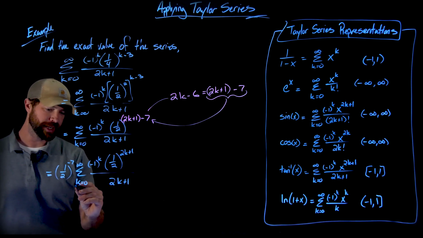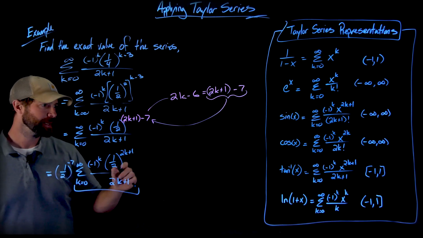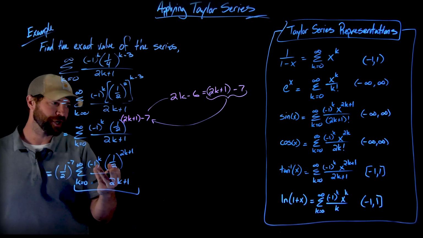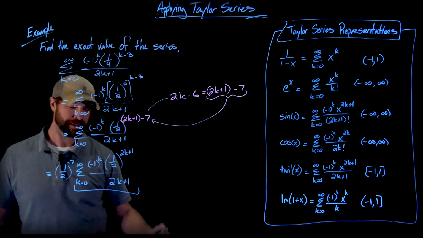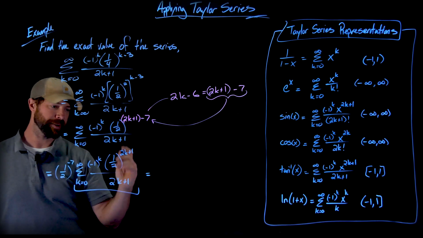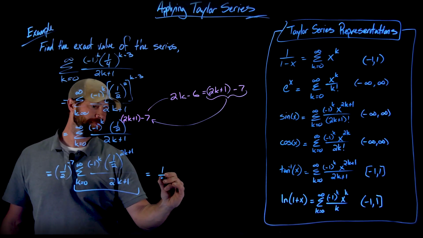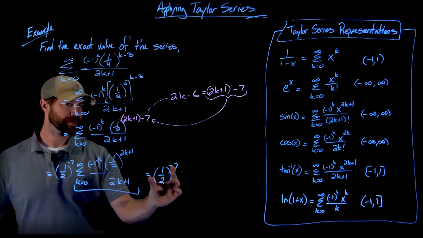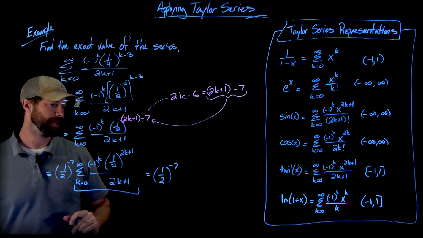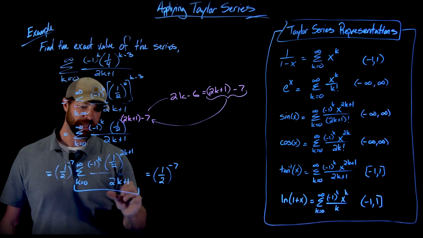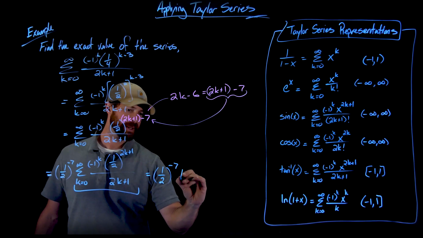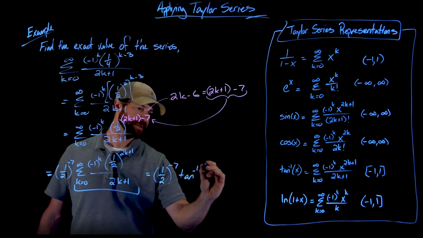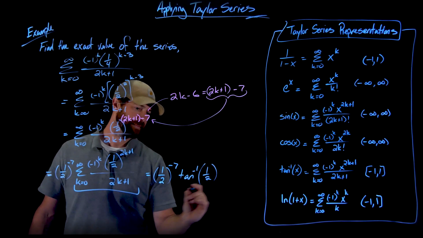So this right here can be represented by the composition of the constant 1/2 being plugged in here. And so this whole sum equals 1/2 to the negative 7, which came from that adjustment I was making to that k minus 3 from the very beginning, and then this series right here is the tangent inverse of 1/2.